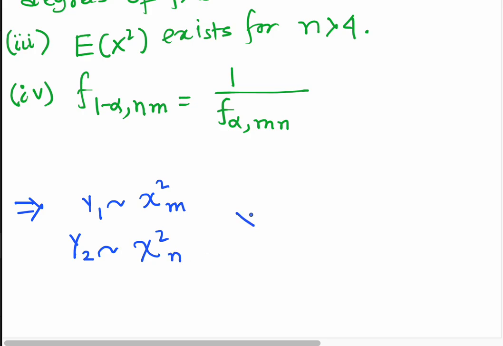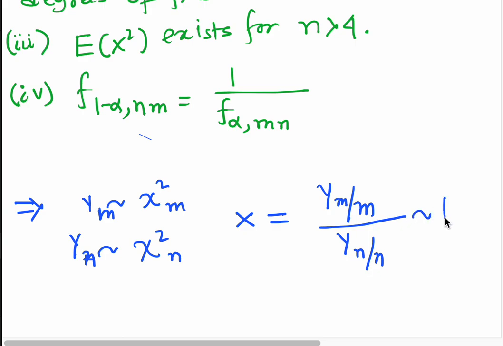Then x equals ym by m over yn by n, which follows the F distribution with degrees of freedom m, n.